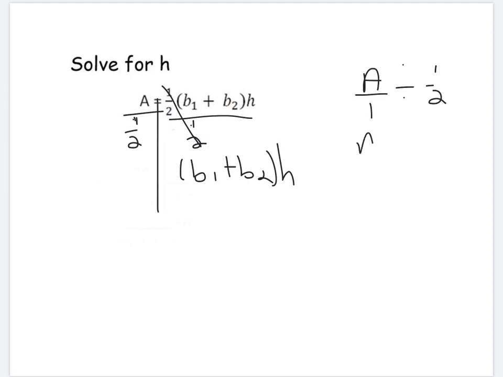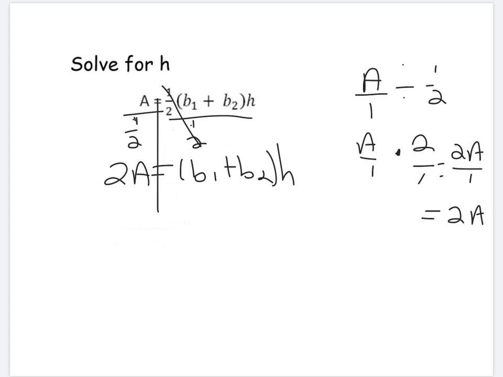So I would keep A over 1, change division to multiplication, and flip 1/2 to make it 2 over 1. Then when you multiply fractions, you multiply straight across. So A times 2 is 2A, and 1 times 1 is 1. Anything over 1 can always be simplified to a whole number, so it's just 2A. So on the left-hand side of my equation, I'm left with 2A.